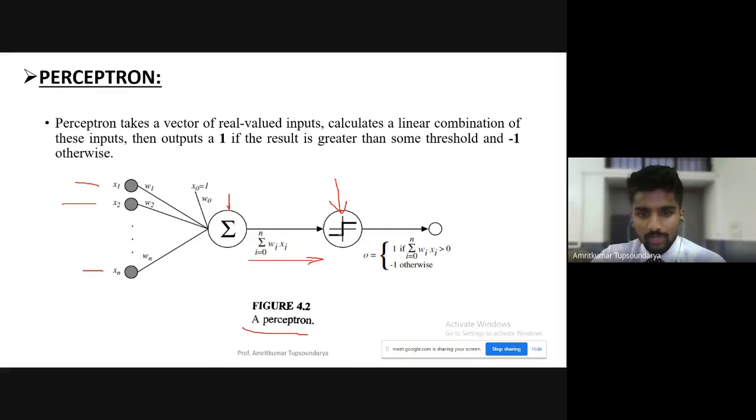Let's say if this is the threshold, if it is above the threshold, it is going to give 1, and otherwise it may give you -1 as the output. So that will be the value for this final unit. So you can connect now the input units, the hidden units, and the output unit.